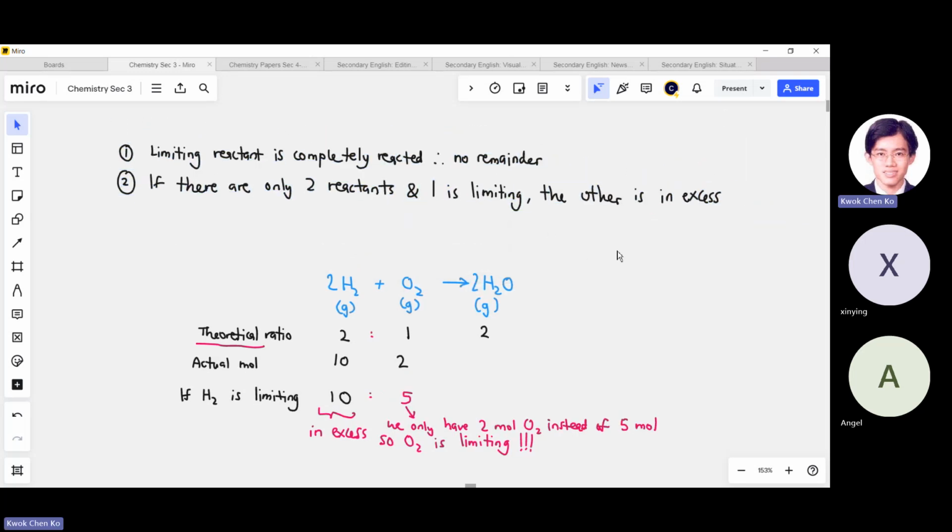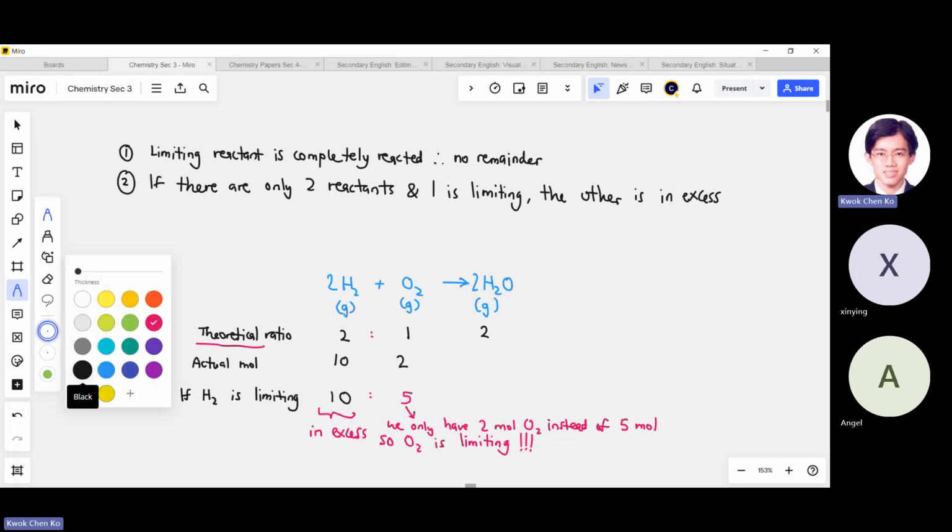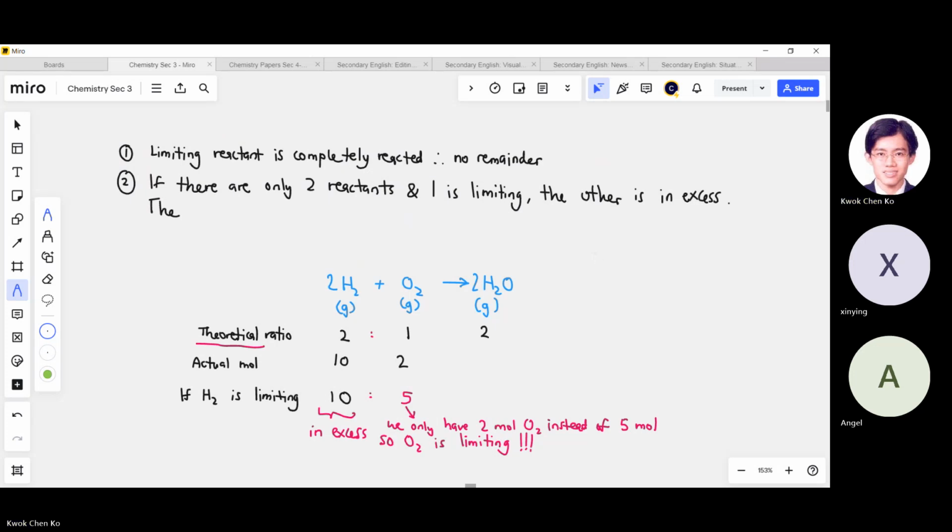That means if I know one reactant is in excess, the other is limiting as well. So take note, because your question may not tell you who is limiting, they will tell you who is in excess. So the reverse is true. If you know who is in excess, the other one must be limiting.